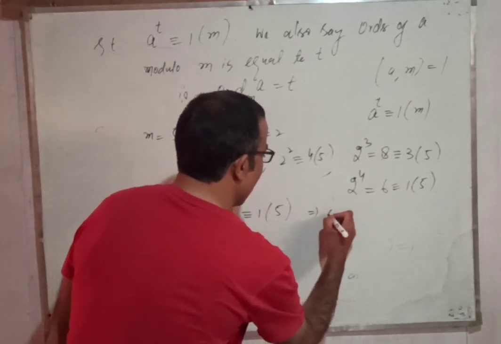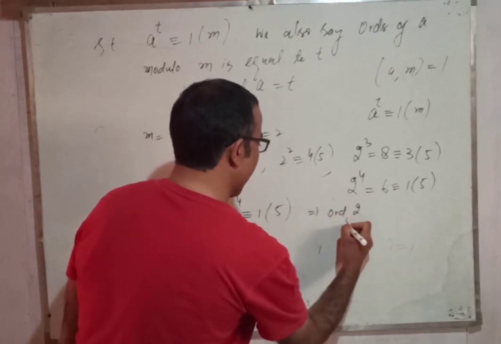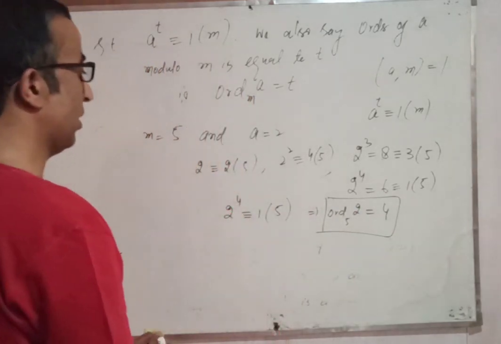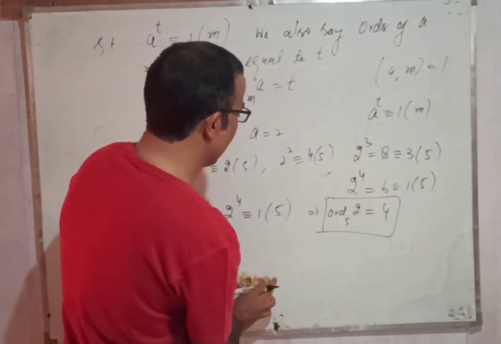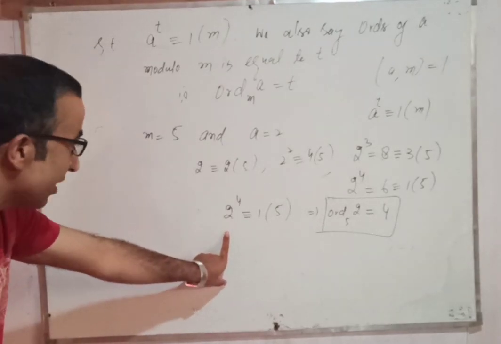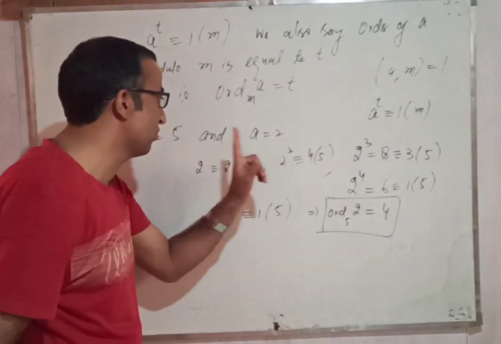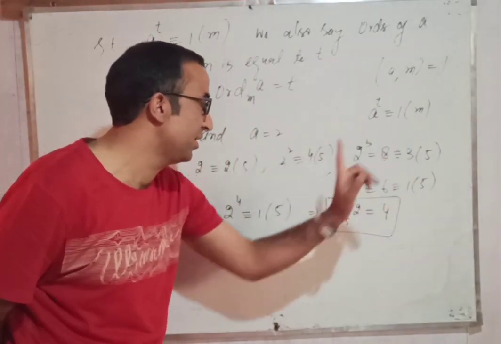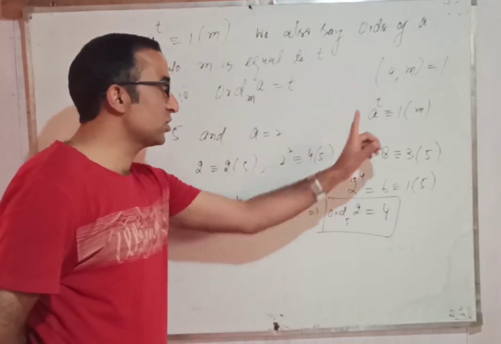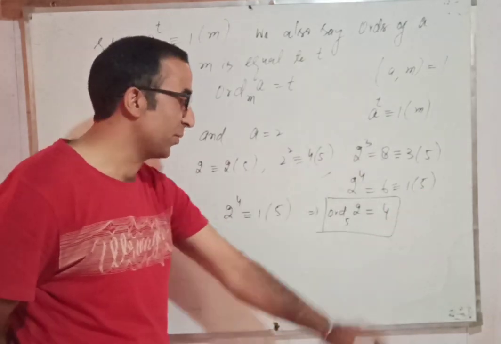This implies the order of 2 modulo 5 is equal to 4. Now in this case you can see there is no integer smaller than 4. For 1 it is 2, for 2 it is 4 here, for 3 it is 3 here, for 4 it is 1. So the smallest positive integer t in this case is 4. 2 power 4 is congruent to 1 mod 5.